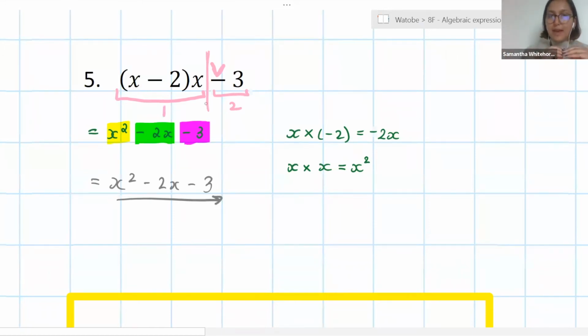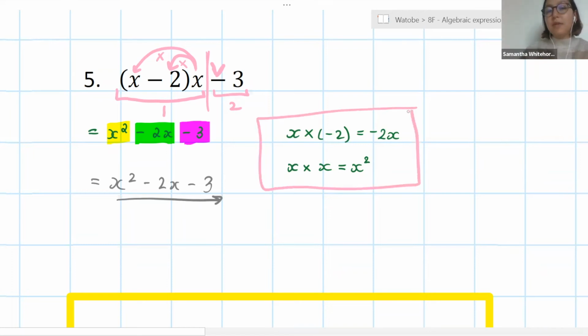Once I've done that, in the first term I know I've got a multiplication going on, and so I need to multiply the x into the bracket. If I'm multiplying x by -2, x times -2 is -2x. Remember SNV. Positive times a negative is a negative.